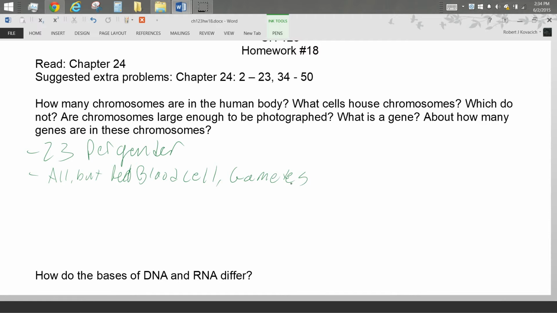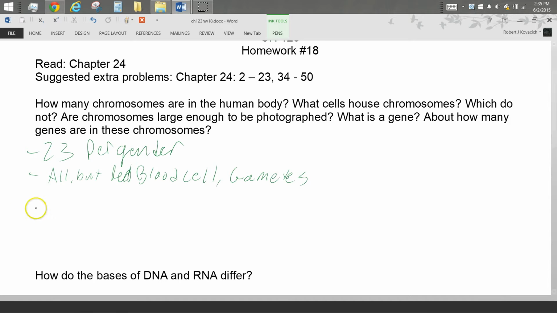This is the only reason, male, female. They only have half of them. You only want half, right? It would be pretty bad if they had all of them, right? Because then the next person would have 46 and then 92, and it would get out of control pretty fast.